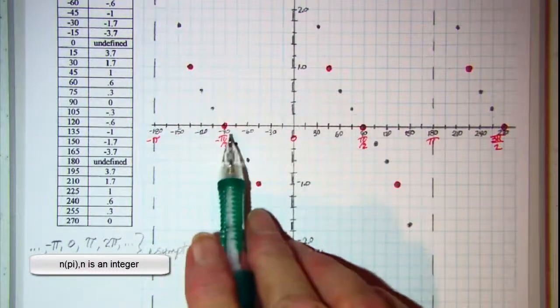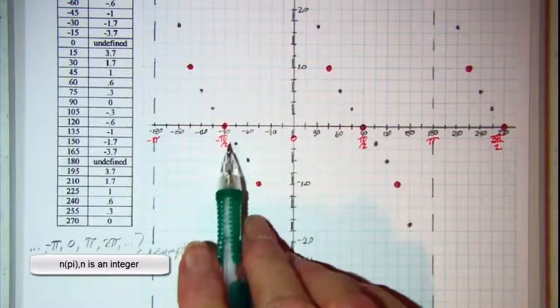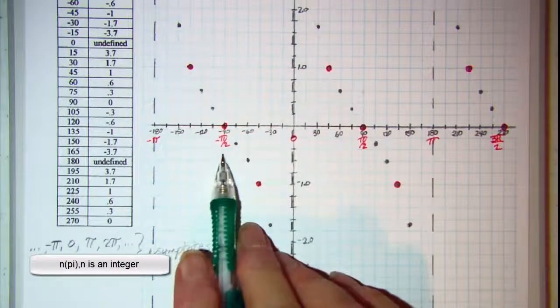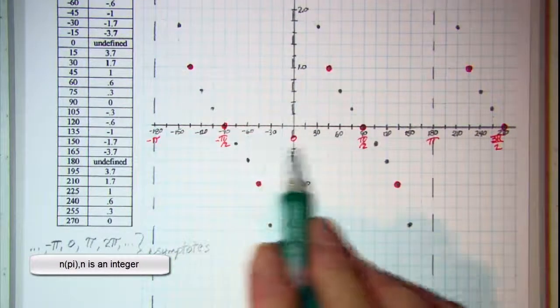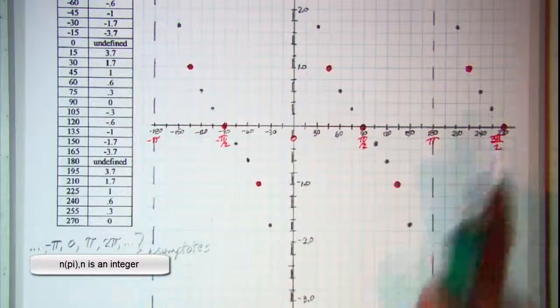Also, I have zeros where the cotangent function crosses the x-axis. I have zeros at negative pi over 2, and then pi over 2, and 3 pi over 2.